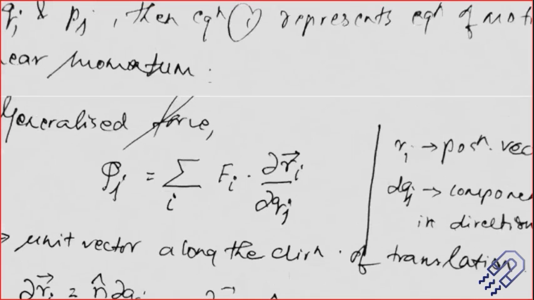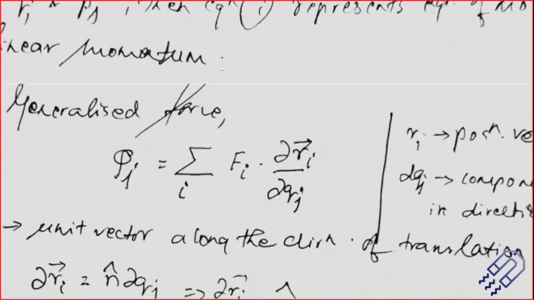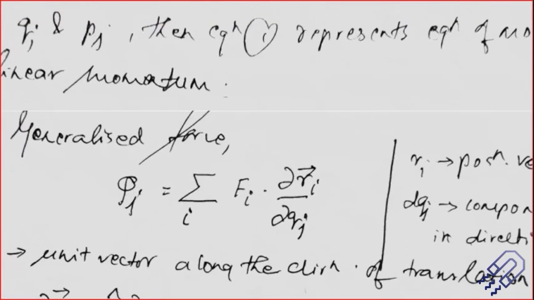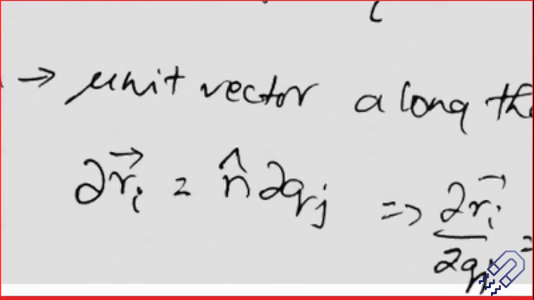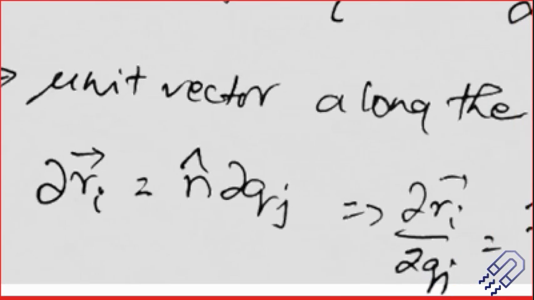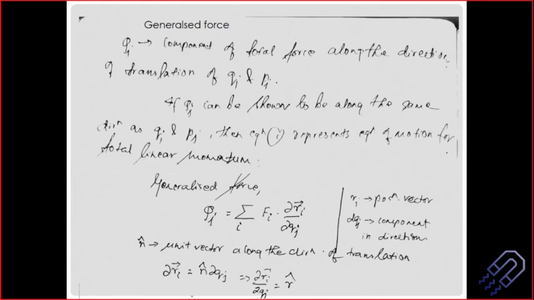So delta Ri by delta Qj, you can straight away write down as n cap, but I'll take a step ahead and say that this delta Ri with respect to the x-axis can be written as n cap Qj, delta Qj.